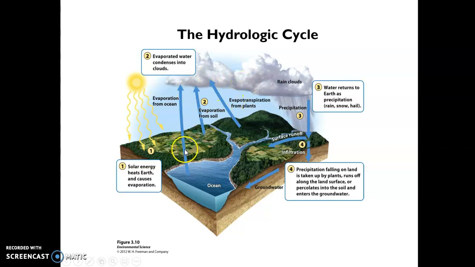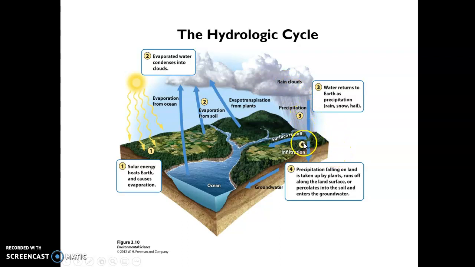There's also a particular type of evaporation called evapotranspiration, which is from plants releasing water as a result of photosynthesis. And so all of that becomes atmospheric water, which eventually returns to the earth as precipitation: rain, snow, hail, that type of thing.